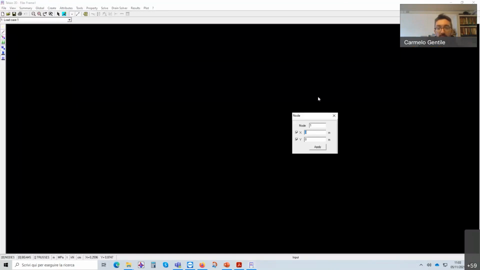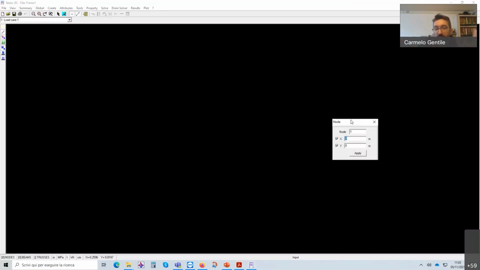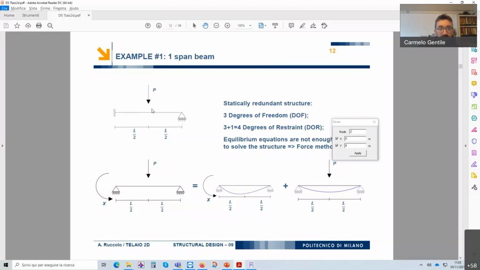We need to define the nodes. Each element is just a connection of different nodes that we have already defined in the plane. So node 1 is at the beginning, so 0, 0. Node 2 is this one.